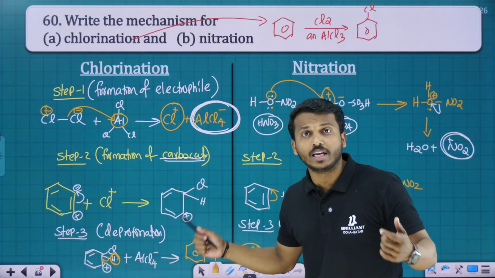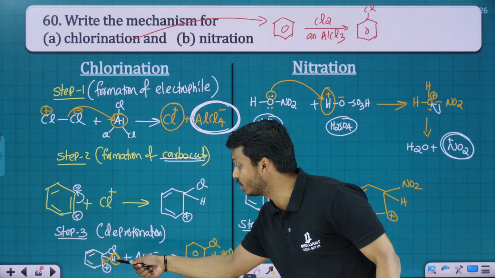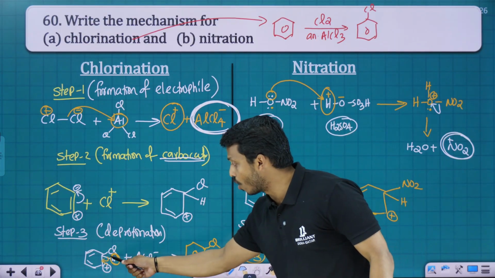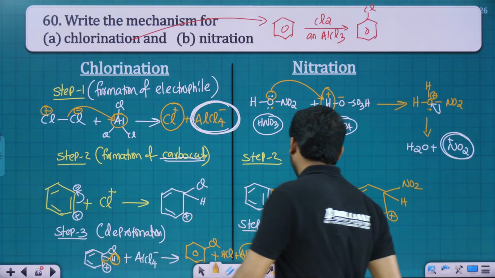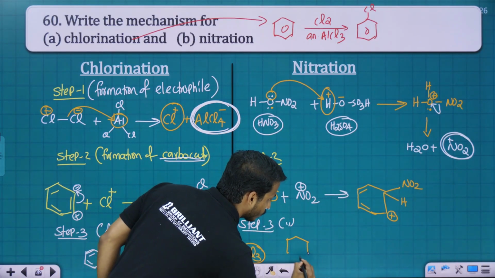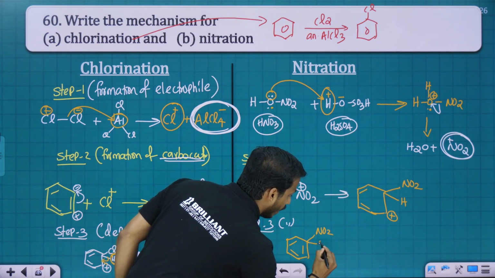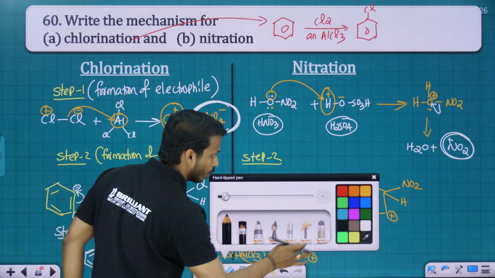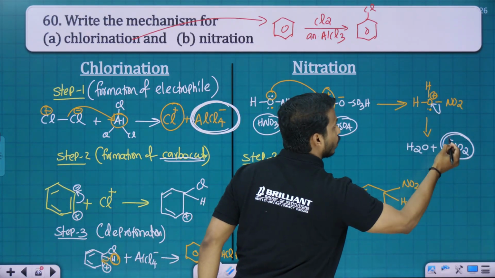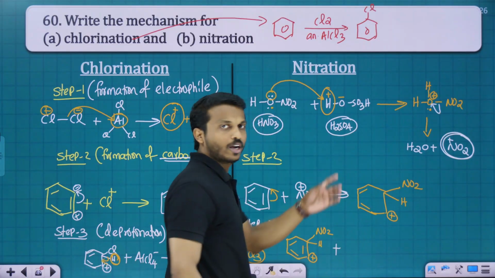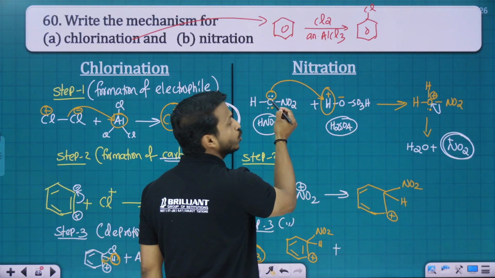So why is it called deprotonation? Because it's a removal of H plus. This H is removed from the compound. Similarly, how do we present it on this side? Here we have this compound, NO2, H with a plus charge. Here, this hydrogen goes to this oxygen.